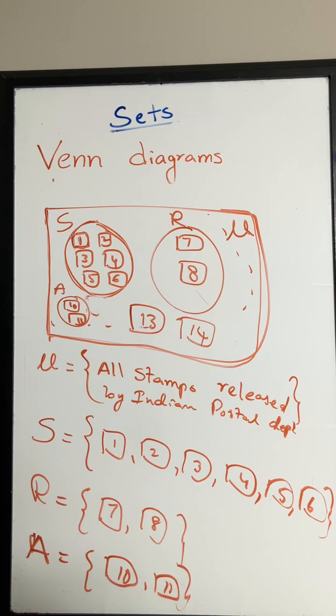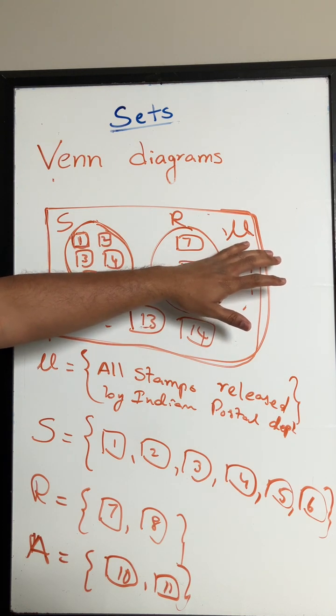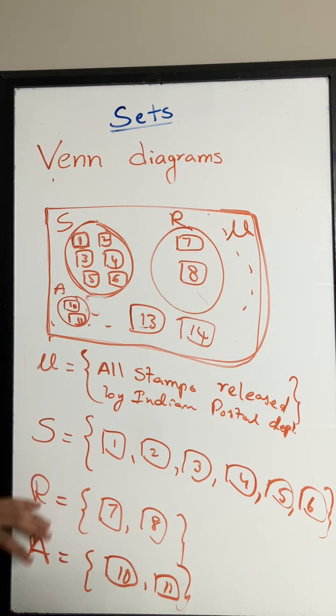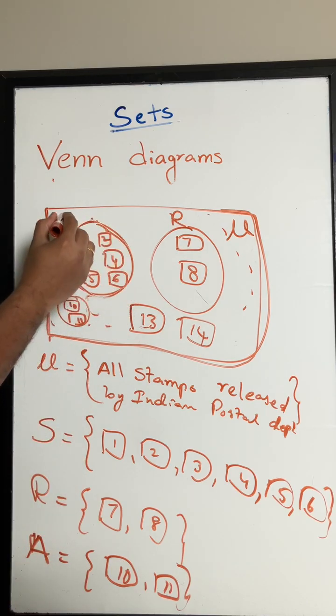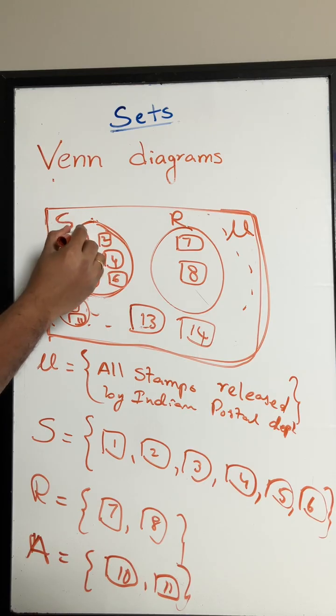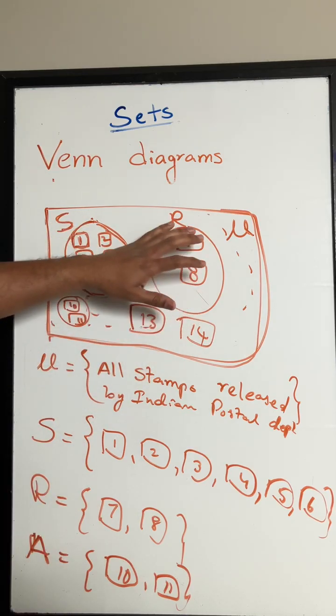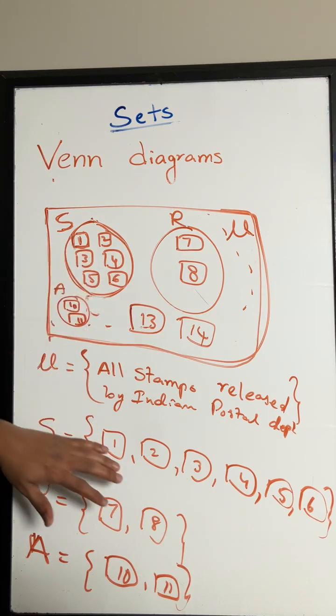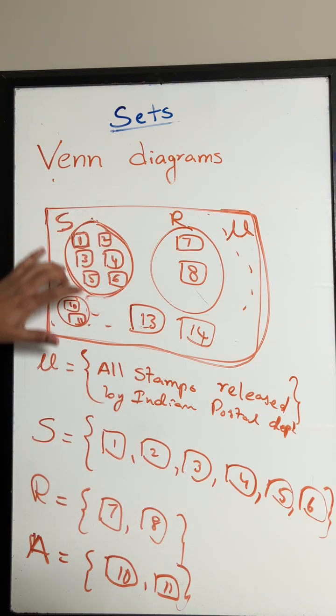So let's revise ourselves. There will be a big box that represents a universal set mu, and it holds everything. Individual sets we represent with circles, and we denote a letter next to that circle. Each circle represents a set, and we write all the elements of that set inside that circle.